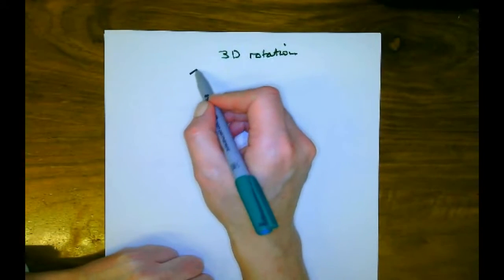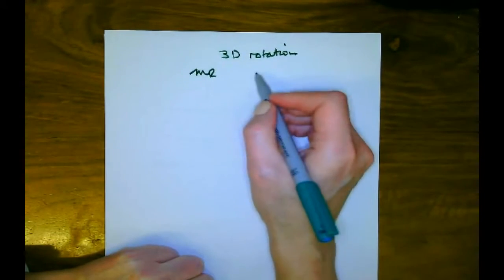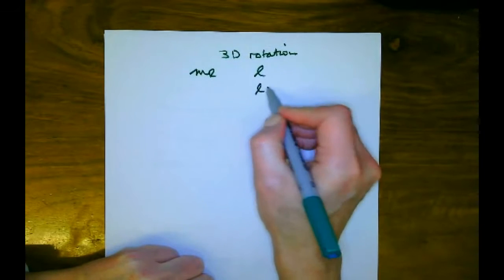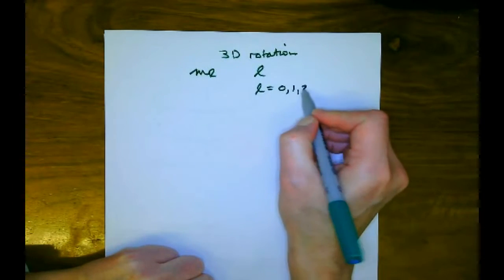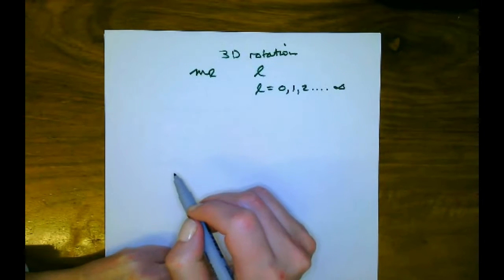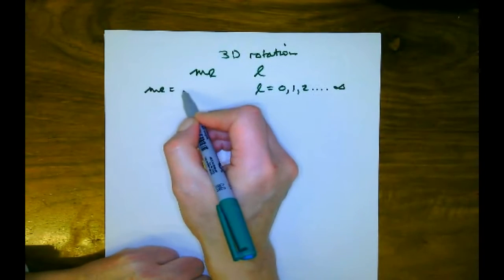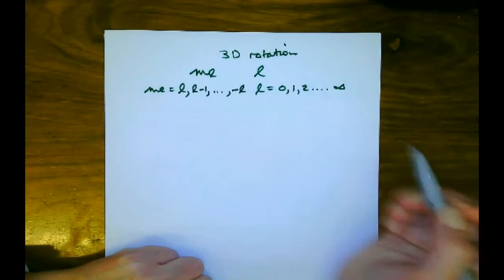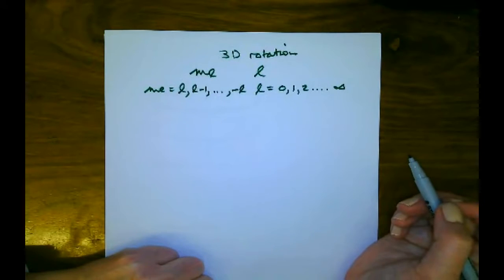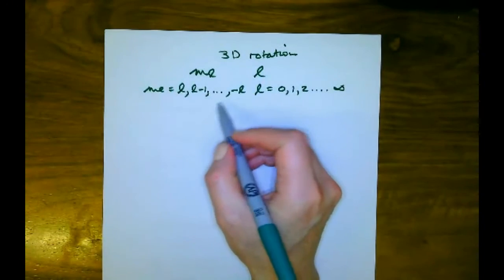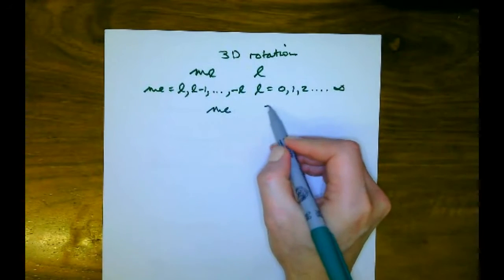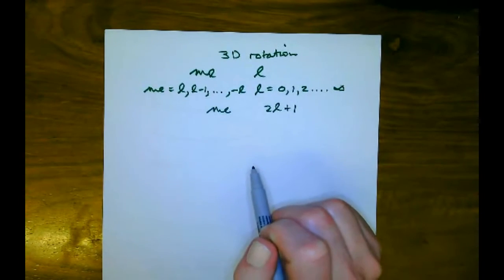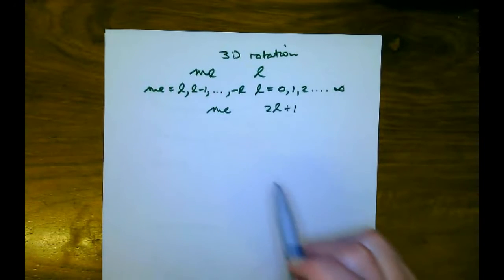And we said that there are two quantum numbers relevant to the system, both ML and L, where L goes from 0, 1, 2 to infinity, and ML is determined by L, and it runs from L up to minus L. We also said that the number of ML values is determined by L, and there are 2L plus 1 values of ML. So these are the two quantum numbers that are relevant.